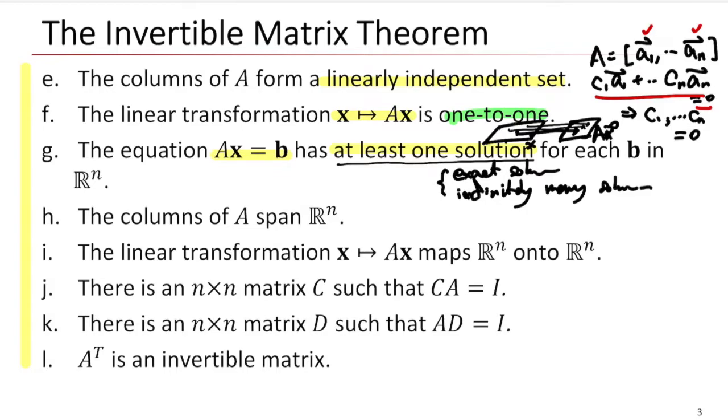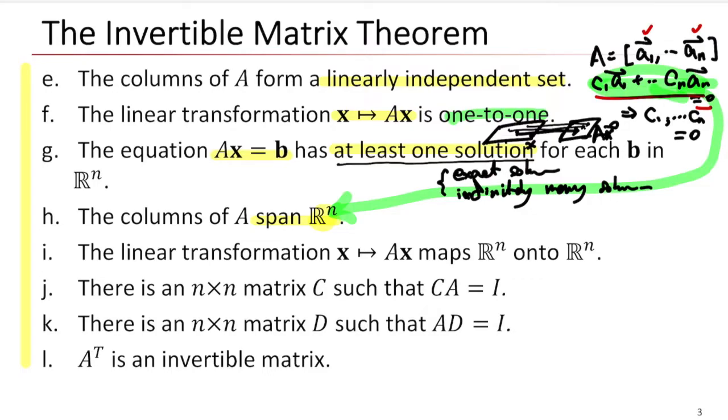Then the next one is that the columns of A span the Rn space. What is the span? The linear combination of the vectors, like this, right? This is the span with the different parameters c1 through cn.